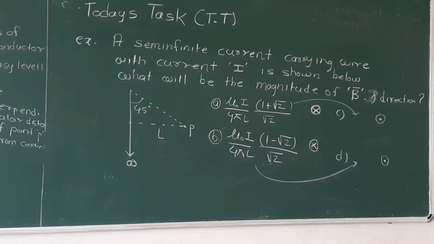Now, today's task. You can see the example: a semi-infinite current carrying wire with current I is shown below. What will be the magnitude of B and its direction also? You have 4 options there, and a diagram there. See carefully.